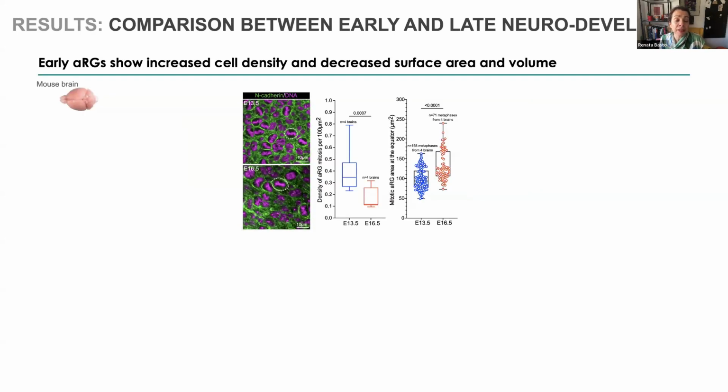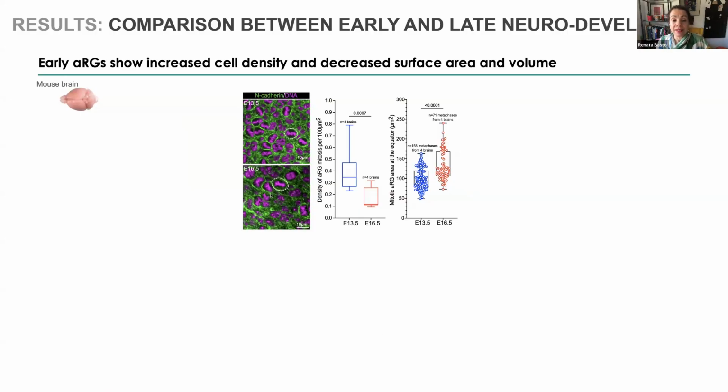What Vero did was to first characterize E13 and E16 brains to have an idea of how these apical radial glial cells, the progenitors of the brain, are behaving at these two different developmental stages. She could see that there is a high density of ARGs at early stages that decreases at later stages.